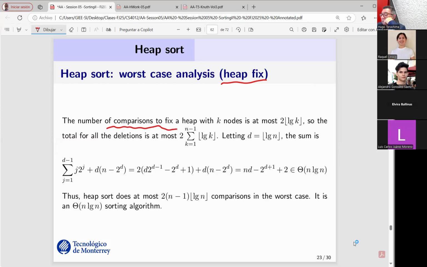The number of comparisons to fix a heap with k nodes is at most 2 per level, and this is the number of levels of the heap. But the k is going to be decreasing every time, right? So it's going to start at n minus 1, you see here, and go until 1, right? N minus 1, the height, and log k. So the number of operations is going to be this expression.